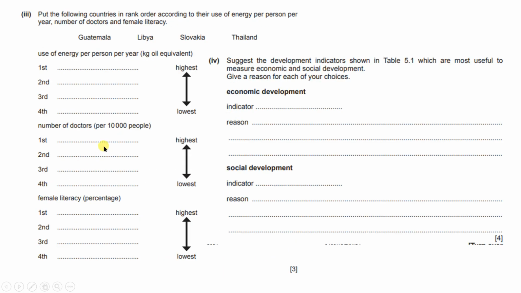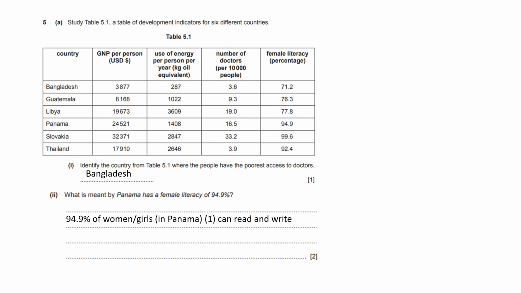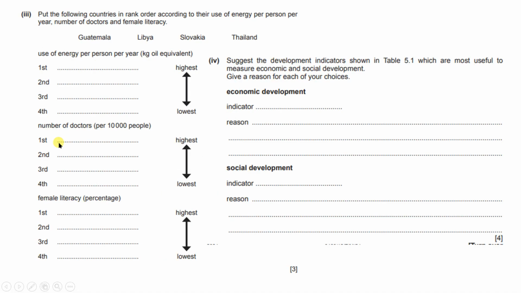So you just arrange it to be Libya, Slovakia, Thailand, and that is the rank order from highest to lowest. Come, let me still check this. No, I think Slovakia should be the first, then before Libya. That should be the rank order, sorry. So there's a mistake here. So it should be Slovakia, Libya, Thailand, and Guatemala. That's how it should be arranged.